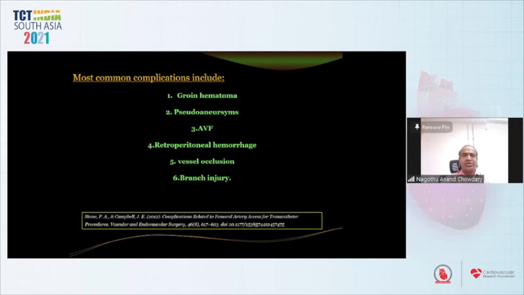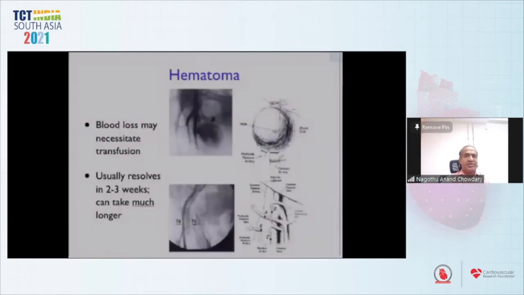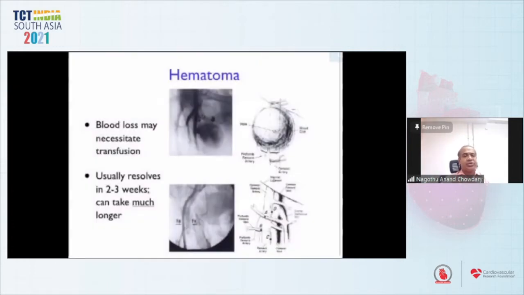Vessel occlusions can also occur due to femoral clots, which get dislodged and go distally, occluding the leg vessels. Small minor branch blood vessels can also get injured. Hematoma is very common, but it can be easily managed with adequate compression, timely intervention, and immobilization of these patients.